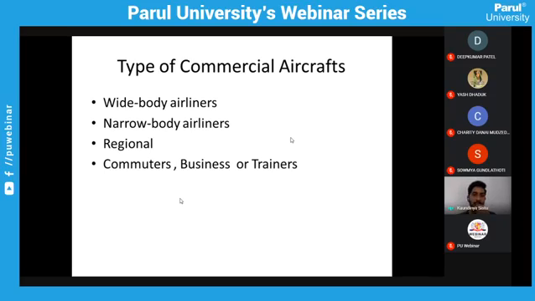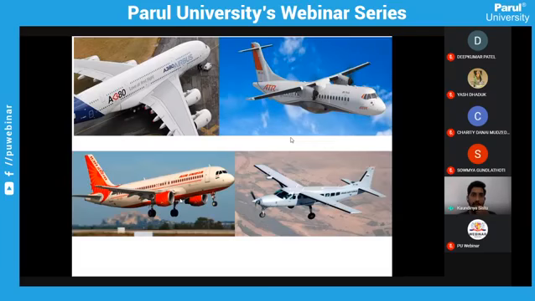Okay. So any questions on the types of aircraft? I think there are many other types of aircraft too, right? Yes, there are different types of aircraft, but if you take civil aviation aircraft, they will be broadly classified into these four parts.